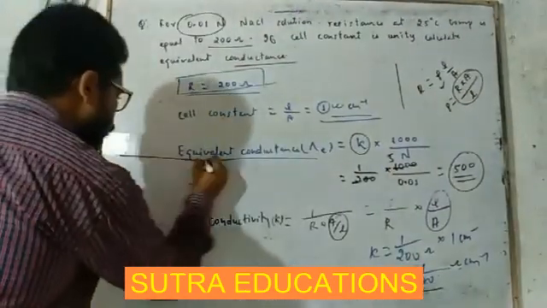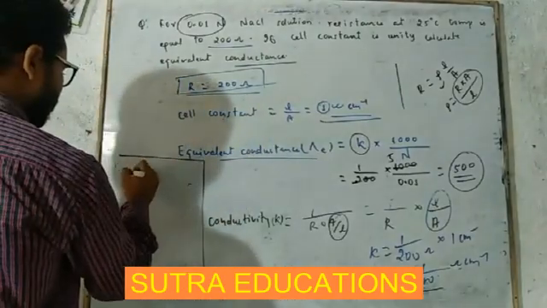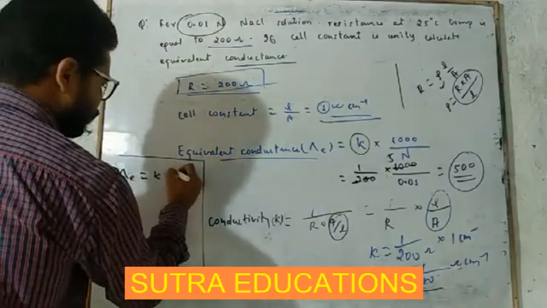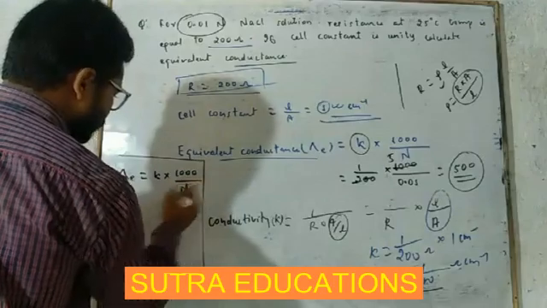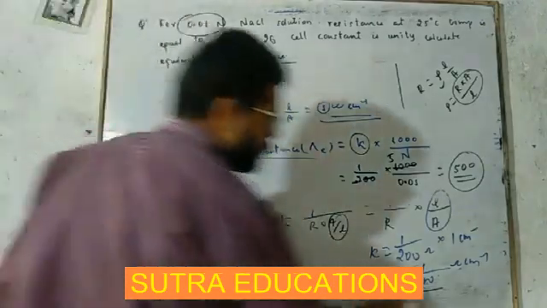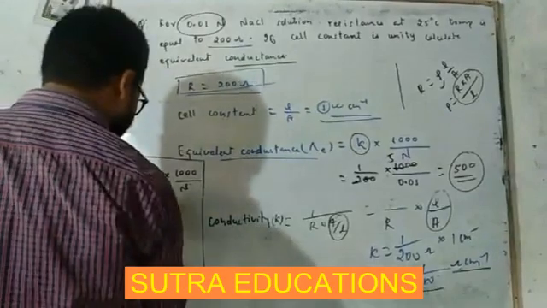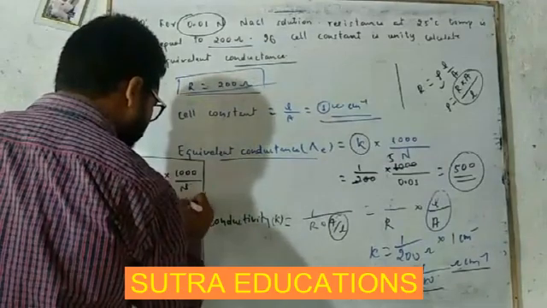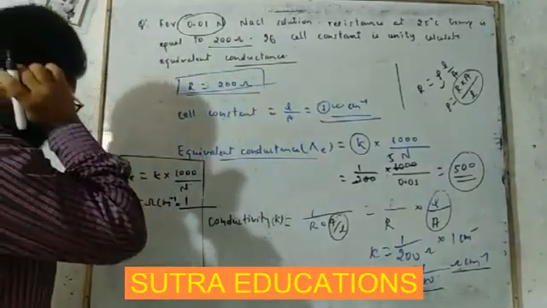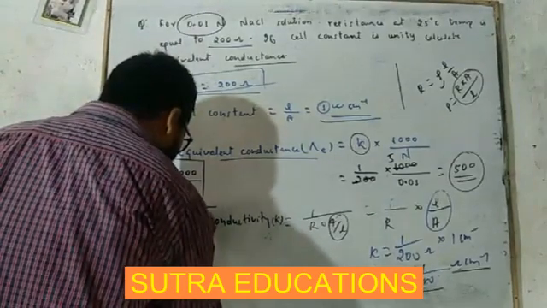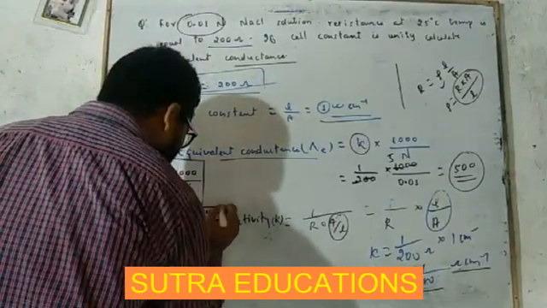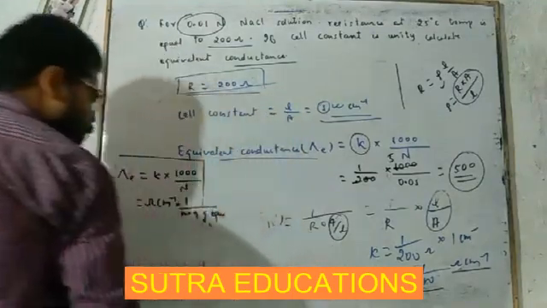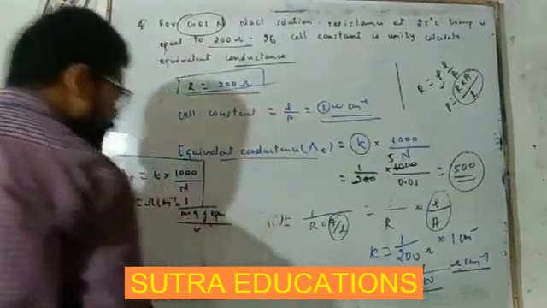Equivalent conductance is equal to kappa into 1000 by N. So we know kappa is ohm centimeter inverse, into 1 by N. Normality is number of gram equivalent upon volume of solution in liter.